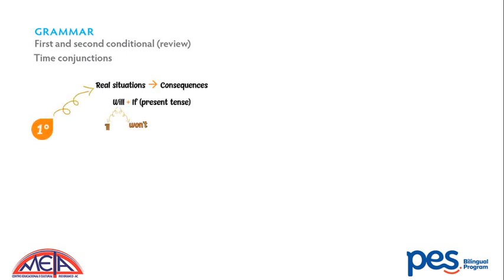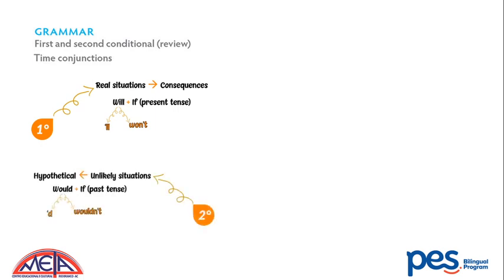Alright, so let's review what we studied today. Primeiro, nós revisamos a first and second conditional e as time conjunctions. Lembrando, first conditional eu uso para situações reais e suas consequências e ele vai usar will mais o if no presente simples. Enquanto que a second conditional eu vou usar para hypothetical unlikely situations, para situações hipotéticas.